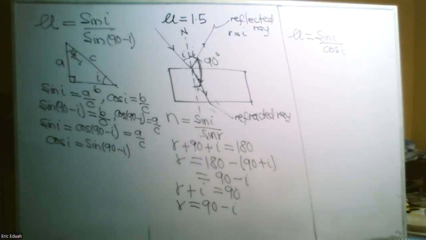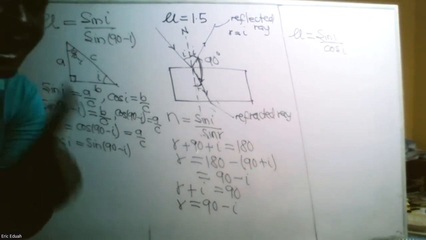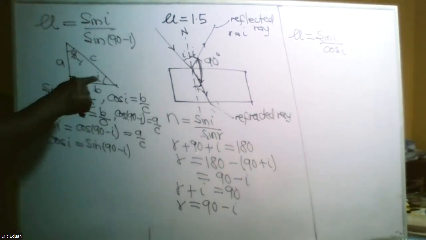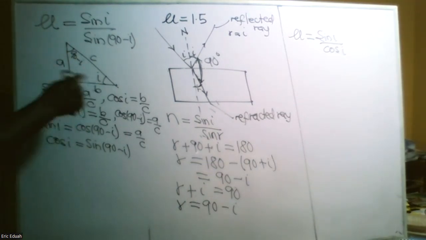Please, let's use numbers to clarify this. When we have angles 30 and 60, supposing this is 30 degrees, this will be 60 degrees, so long as this is a right angle triangle.